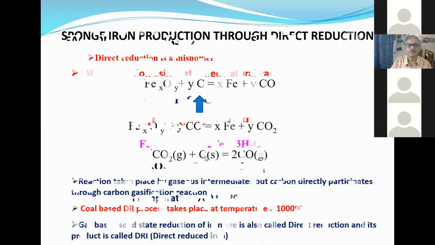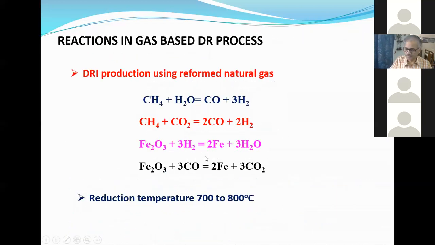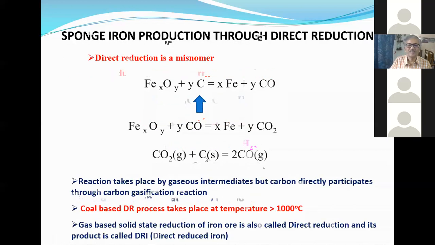Basically, carbon is gasified by the carbon dioxide to CO, and then this CO takes out the ore oxygen from the iron ore, forming CO2, and this CO2 again gasifies the carbon. So carbon participates in the reduction through the carbon gasification process.